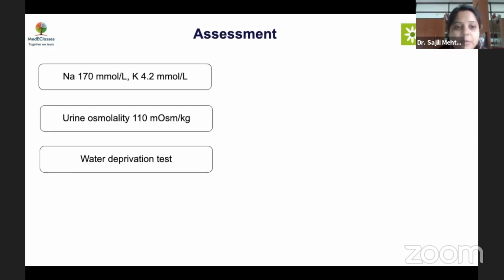The serum sodium is very high at 170. That requires urgent management. Along with the serum sodium being high, the urinary osmolarity is very low. That confirms the diagnosis of diabetes insipidus, and there is no need to do any water deprivation test, as it will aggravate hypernatremia and can be life-threatening in this patient.